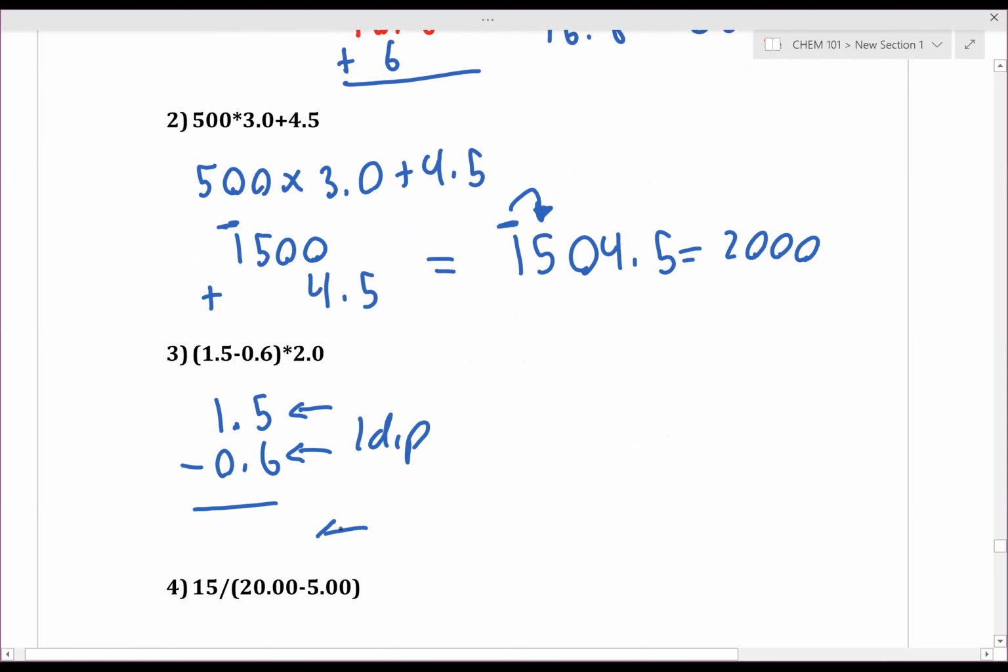So how many decimal places should we report in our final answer? 1. Okay, so taking 1.5 minus 0.6, that in turn gives us 0.9. Okay, now we multiply our number. 0.9 times 2.0.